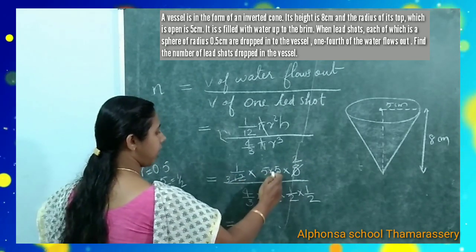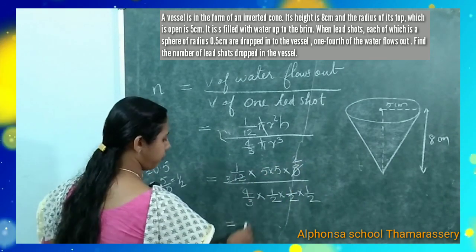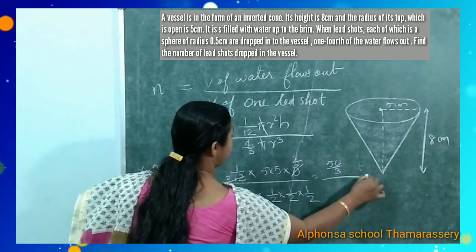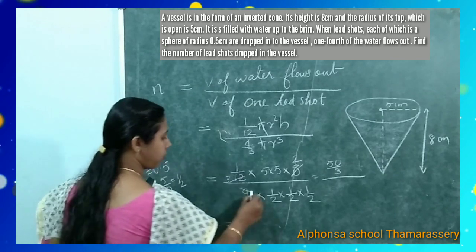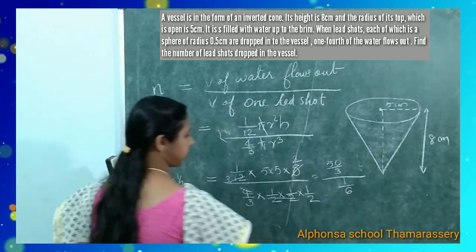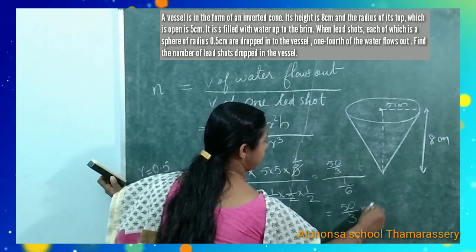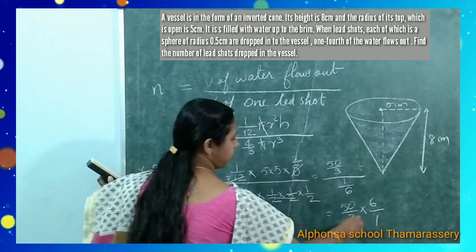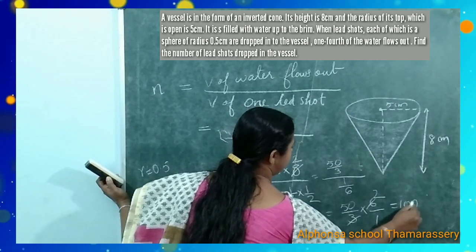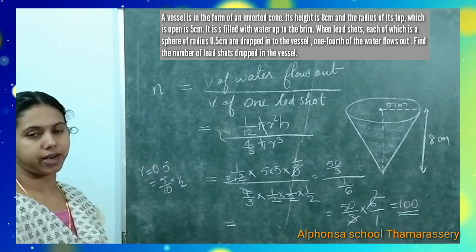So 5 into 5 into 2 by 3, that is 25 into 2, 50 by 3. 50 by 3 all divided by 4 and 4 cancelled, 1 by 6, which is equal to 50 by 3 into 6 by 1. 2 3s are 6, and 50 into 2 is 100. So the number of lead shots is equal to 100.